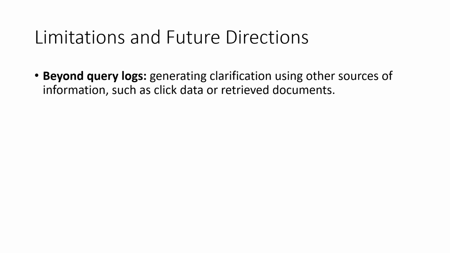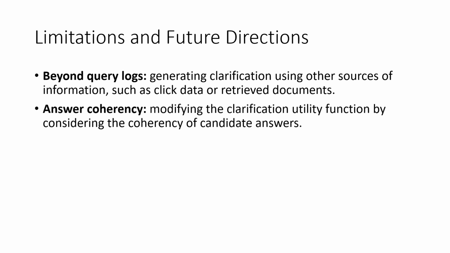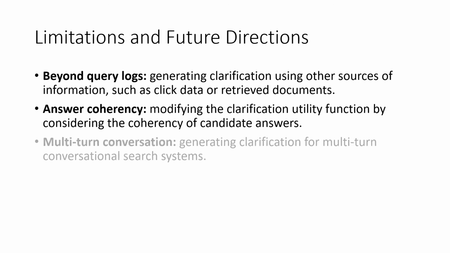This work has a set of limitations, and there are a set of future directions that we would like to take. For example, it would be nice to go beyond query logs and consume clicked data information and a set of top retrieved documents. Another thing would be considering answer coherency in computing the clarification utility function.